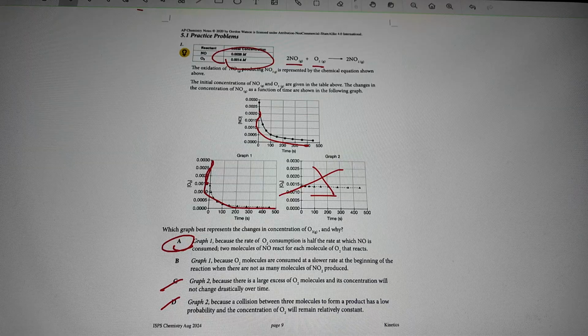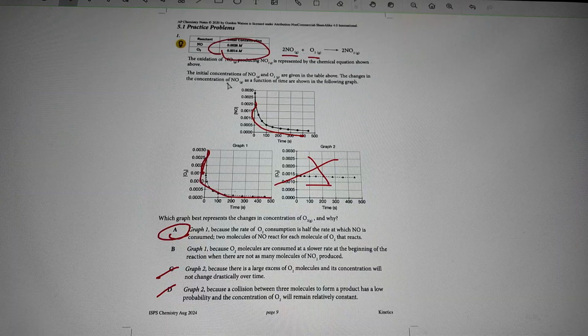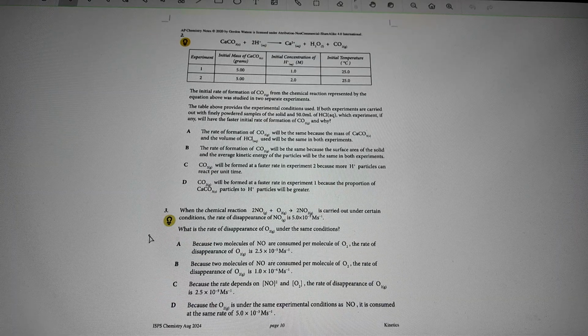Moving on. Oh, that was the whole page was a question? Yeah, this kind of tells you the whole story. Okay, question number 2. Here they show us this equation.